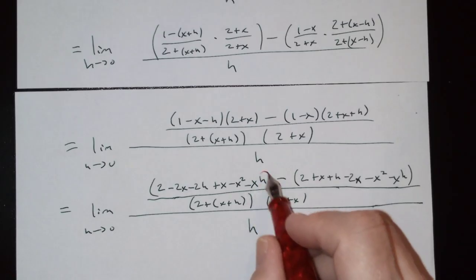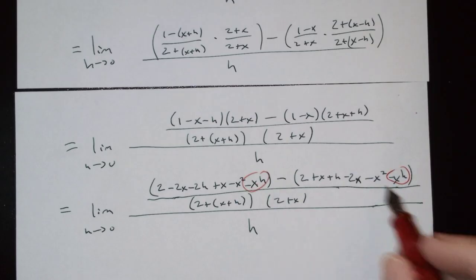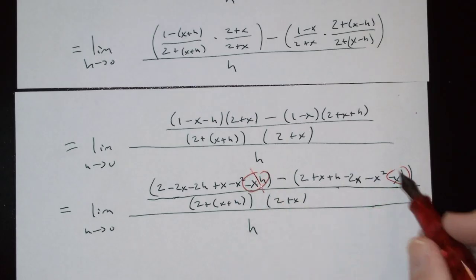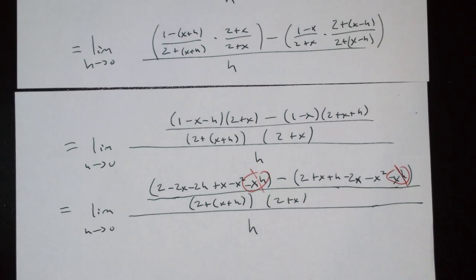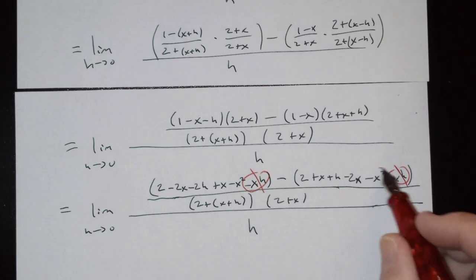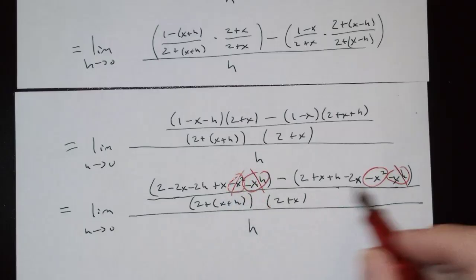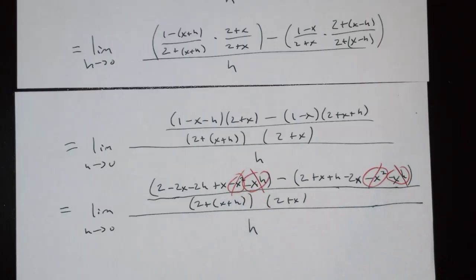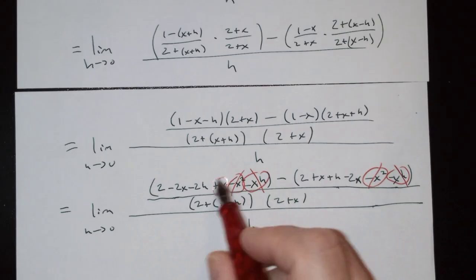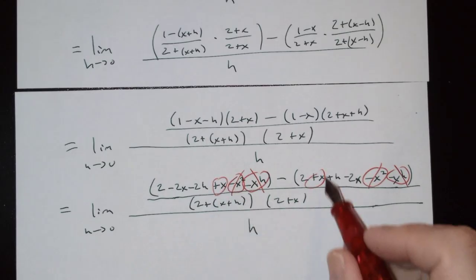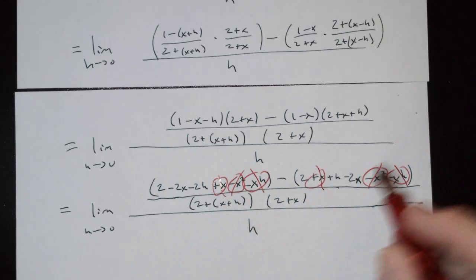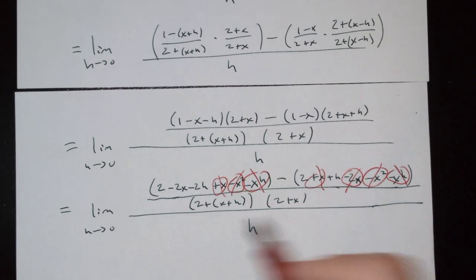My xh cancels, minus xh, minus another minus xh. Those are gone. What else? Minus x squared, minus x squared. Yeah, those are gone. The 1x here and the 1x there are going to cancel. And so are the minus 2x here and the minus 2x there.